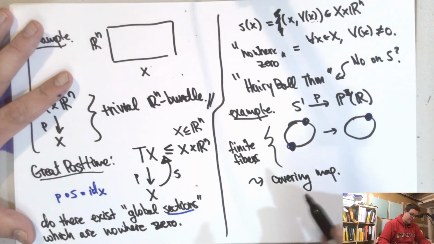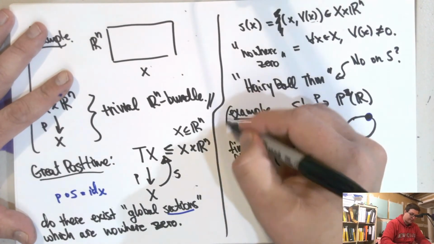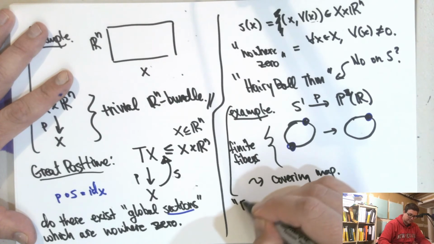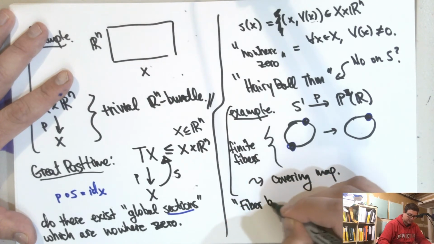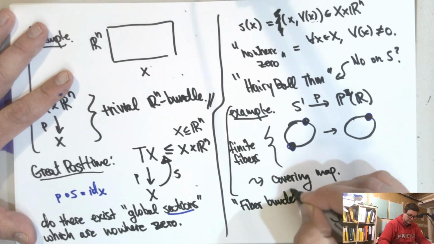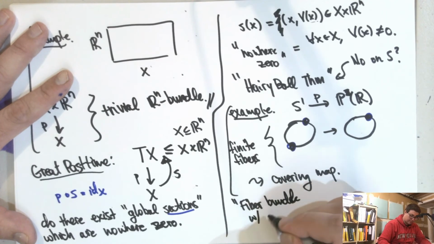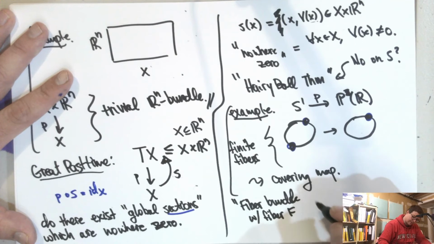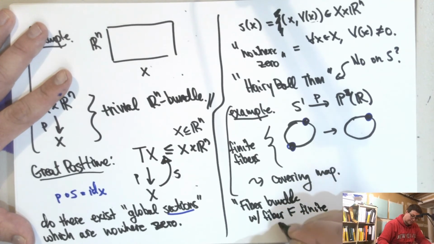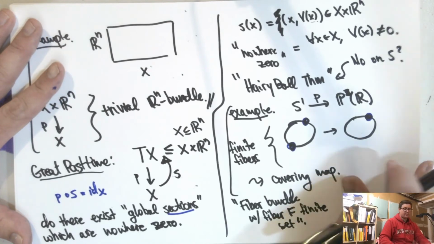So a covering map is a fiber bundle with finite fibers, a finite set.